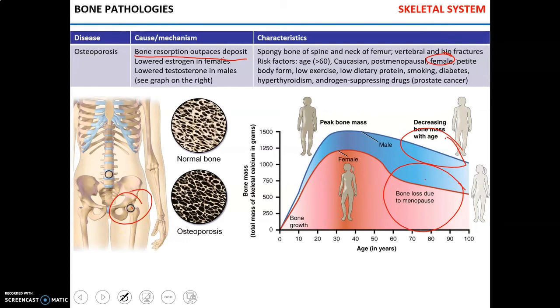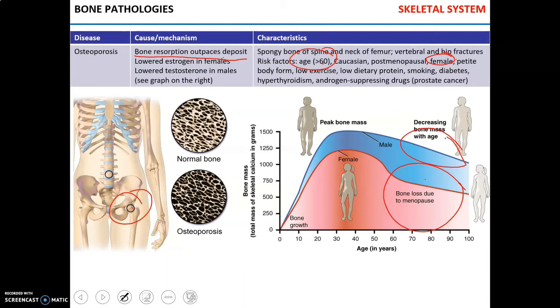It may also lead to comminuted fractures of the vertebrae and comminuted fractures of the hip. It affects mostly older people of Caucasian descent, postmenopausal females that have a petite body form. People who exercise rarely are at the higher risk.